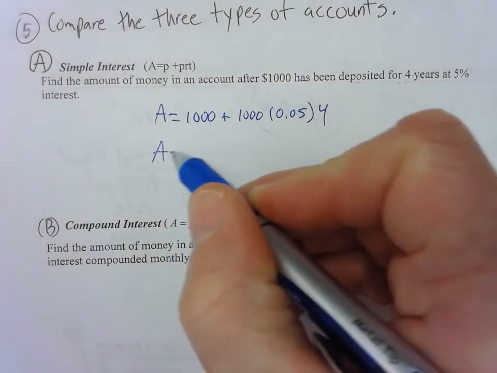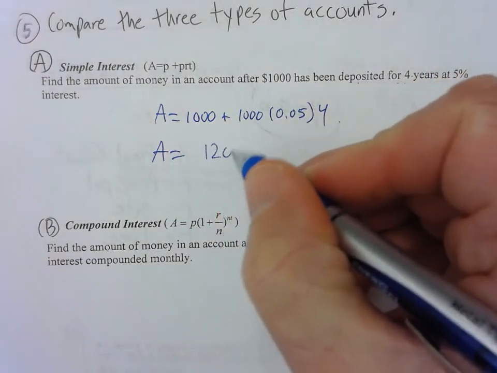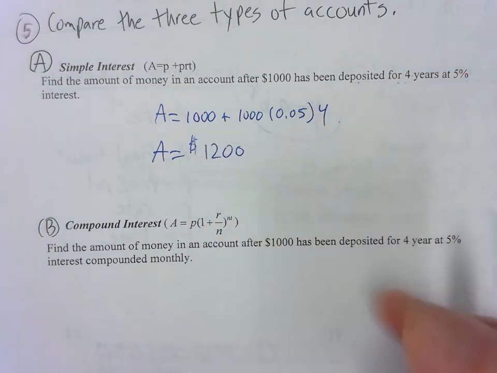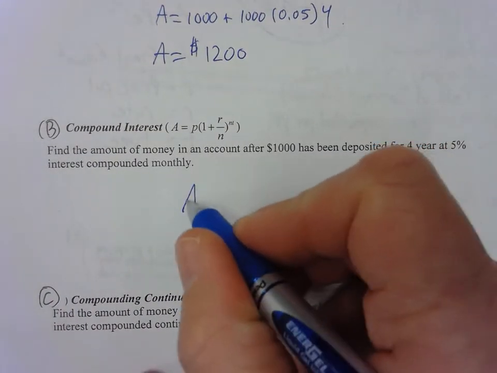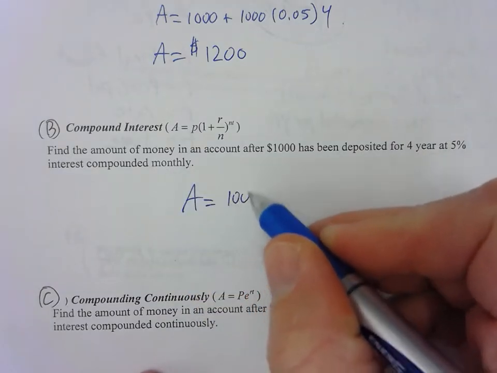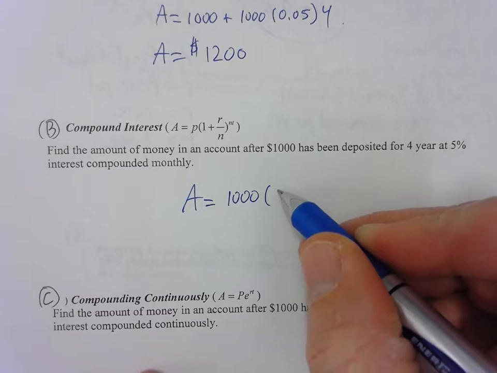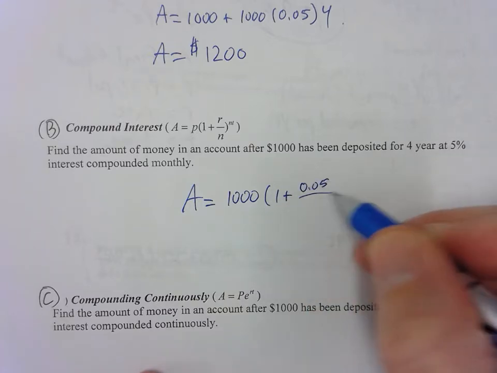You type this into the calculator just the way it looks, and you get $1,200. The next is asking for the final amount after you do the same thing, but compounded monthly. So it's still $1,000, 1 plus the rate of interest, still 5%. We're just comparing the things here.